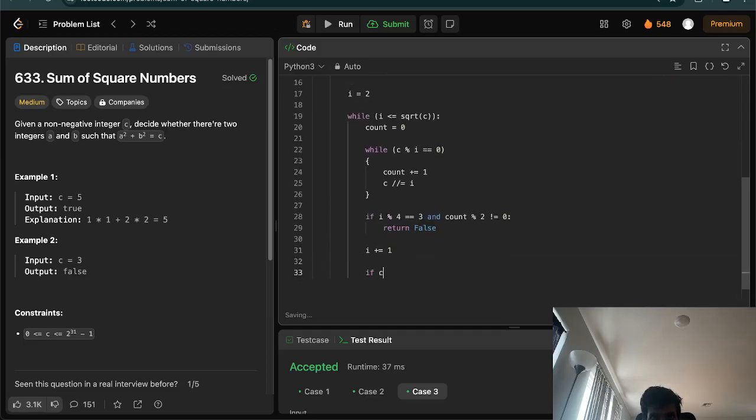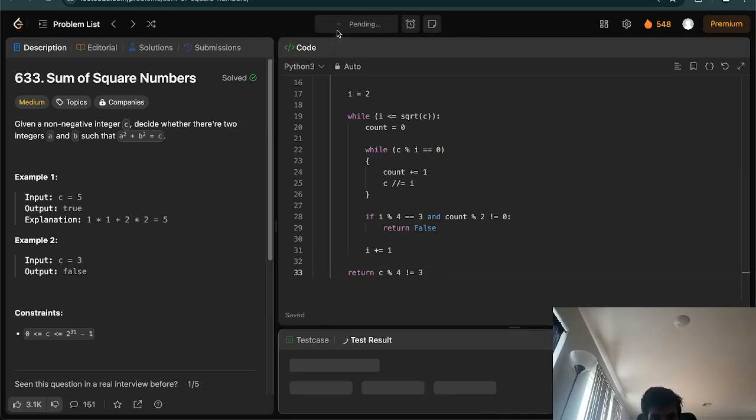So we can just return whether c mod 4 is not 3. Let's do this. I think this should run fine.